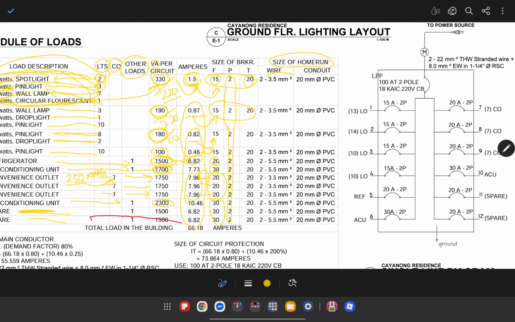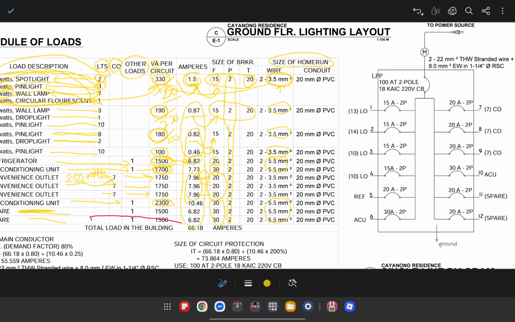So this is the area for each circuit. If you notice, the circuits with smaller amperage only use the 3.5 mm squared size, same as this. While the rest, like the aircon, the refrigerator, and the spare, use a 5.5 mm squared size.